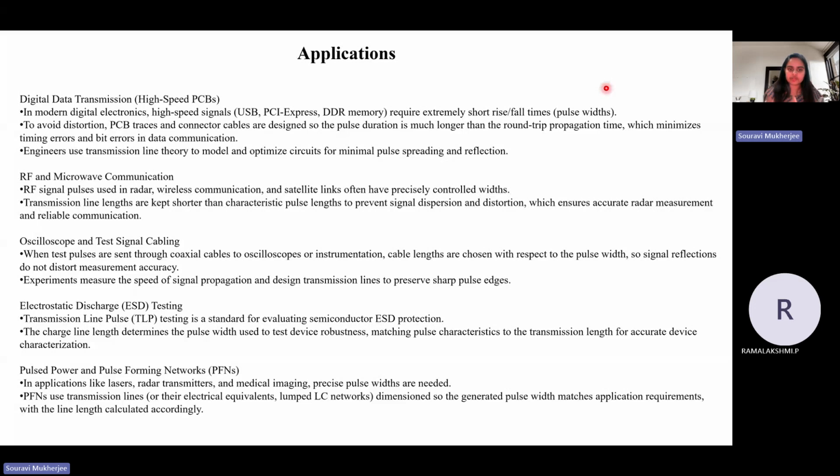So there you have to be very particular about what the transmission line is, how you are matching the impedances, and what the length of your transmission line is. All this understanding looks quite simple, and we are just looking at the theory here, but when it goes to engineering, you have to be really particular about it and use this concept. So these are the different applications where this understanding will be very useful.